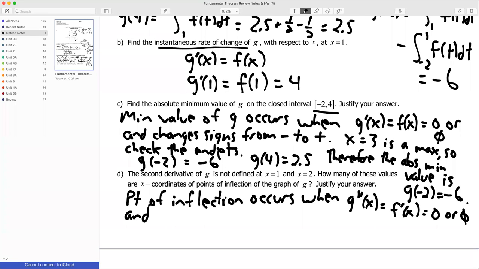It's continuous, differentiable. Oh, change signs. Just throw some calculus terms out there and hope something sticks, right? And it changes signs.